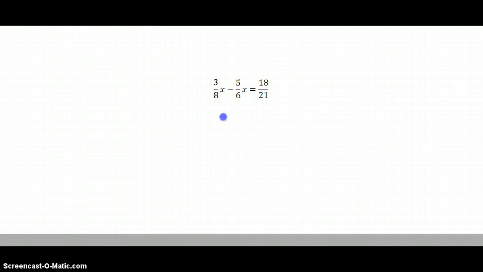So we end up having negative 11 divided by 24, and we do have our variable x here, equals 18 over 21. So then from here we can go ahead and multiply by the reciprocal. Now maybe you forgot to multiply by the reciprocal and you didn't exactly know how to go about this.